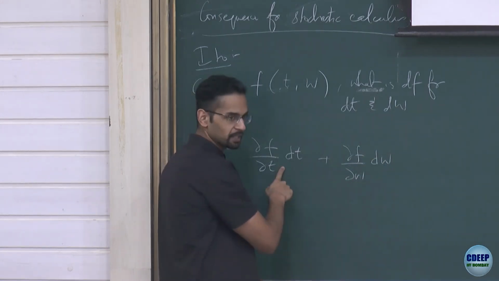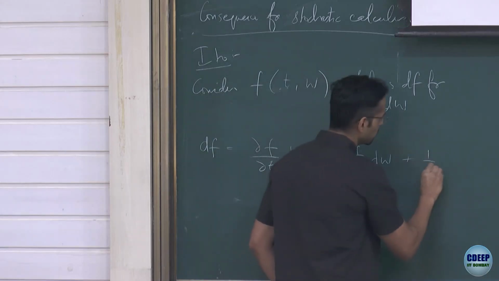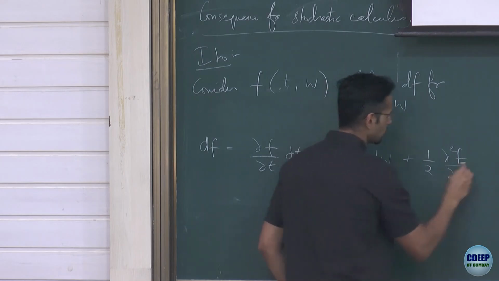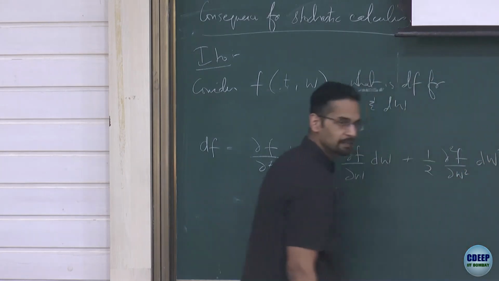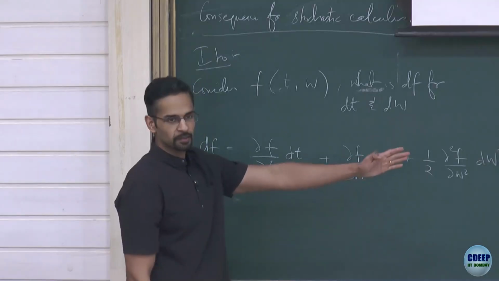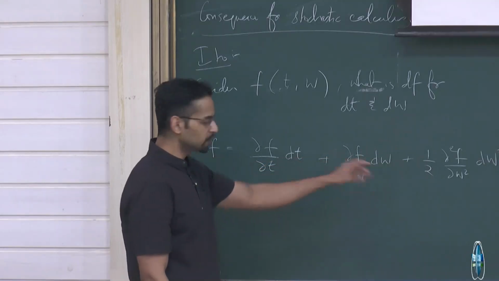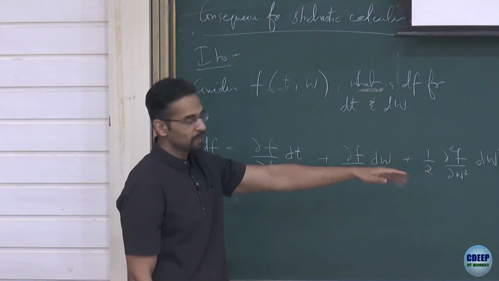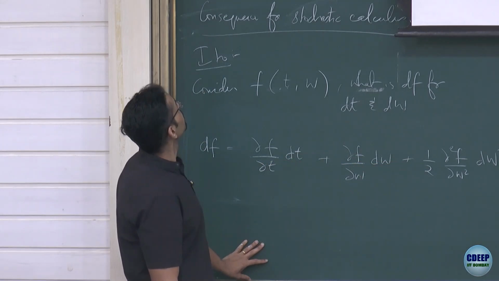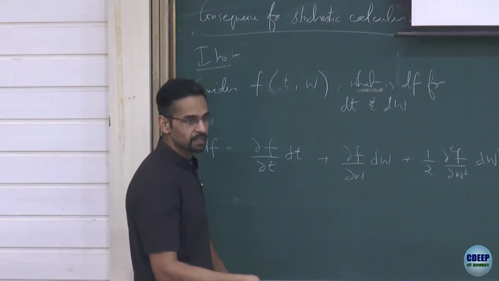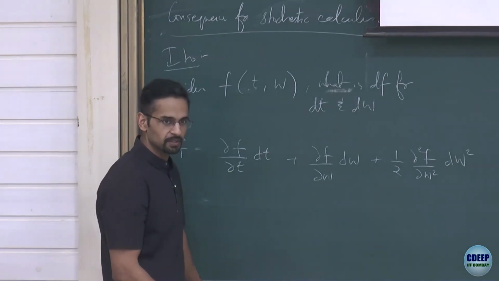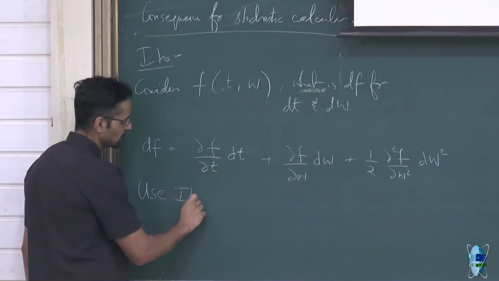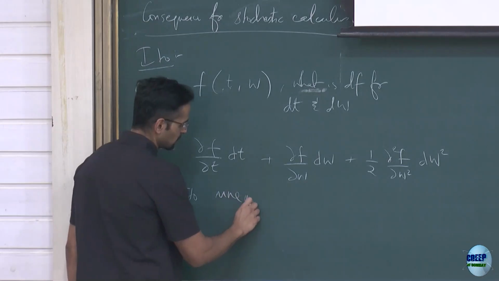So I will have 1 by 2 times dw square. And then the higher order terms, if I write them out, will give me dw dt, dw cube, and all those will drop out. If you have dw dt, that also drops out. Let me write it again now. Use Ito mnemonics.